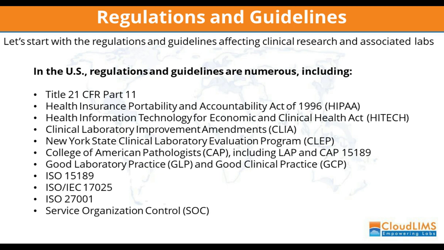There are many regulations and guidelines that govern the management of data, how it's collected and controlled, stored, shared, and potentially destroyed. Here are some U.S. examples. We won't really have time to go through them specifically, but feel free to look them up.